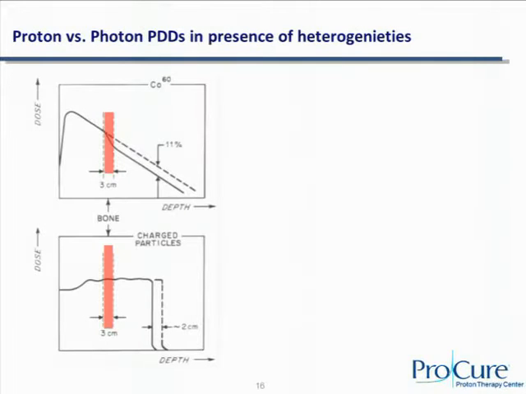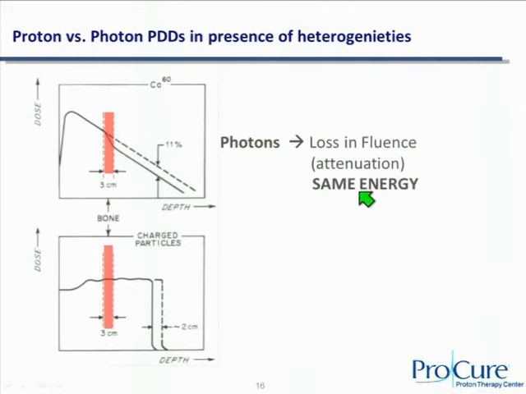Another important difference between photons and protons at depth is what happens when you put a heterogeneity in the beam path. We all know that for photons you get slight attenuation and reduction in fluence, but there is still dose coverage before and after the introduction of this heterogeneity. In this case, it's a bone material in a cobalt-60 beam.